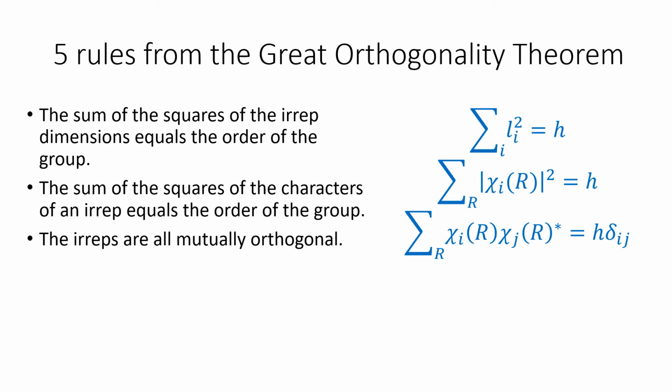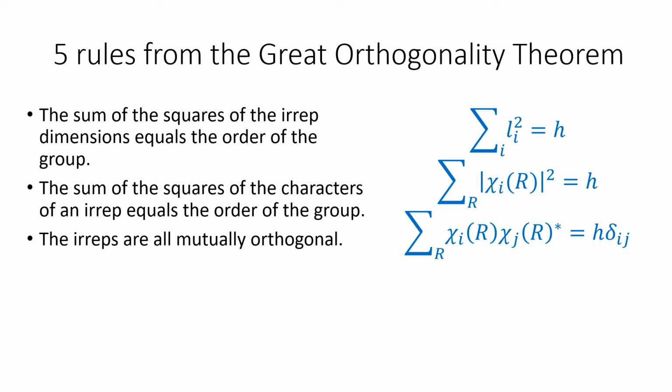Now all the irreps are mutually orthogonal. This is one of the great strengths of these orthogonality theorems. And so again, it's a bit like these matrices: if we treat it like a vector, then the dot product of any two of these vectors comes to 0. That is illustrated here in the third equation. The crucial thing are the labels i and j in the third equation. So i and j label the different irreps.